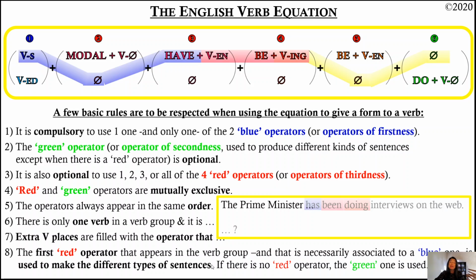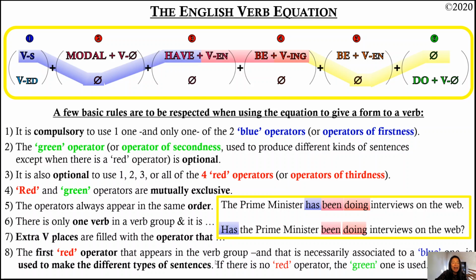So the Prime Minister has been doing interviews on the web. How about the positive interrogative sentence? That will be, has the Prime Minister been doing interviews on the web?